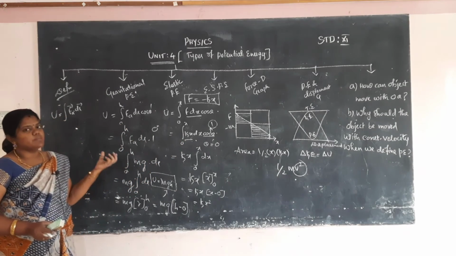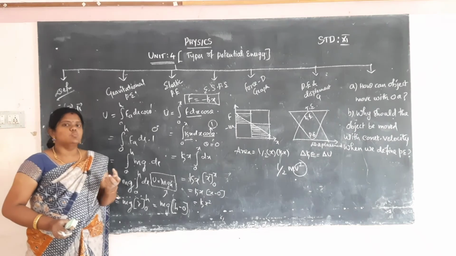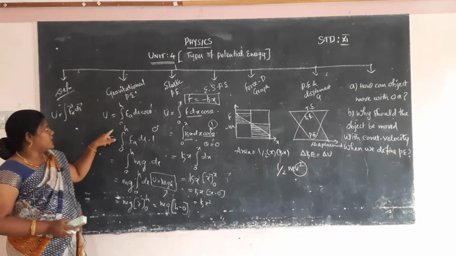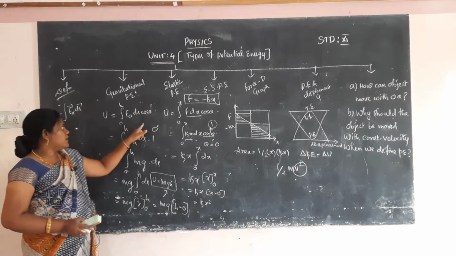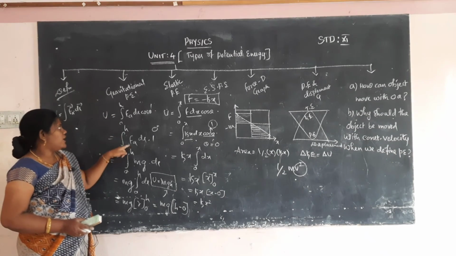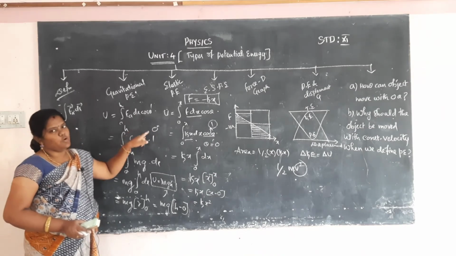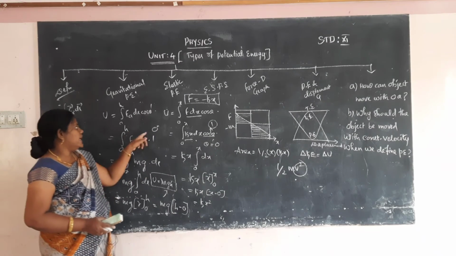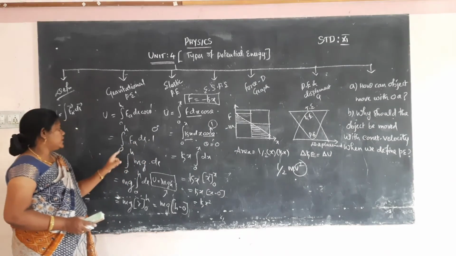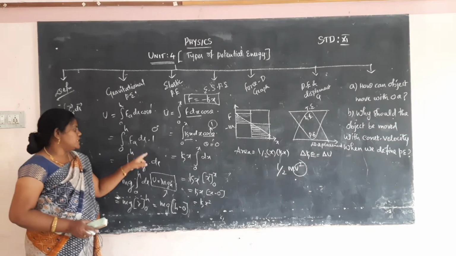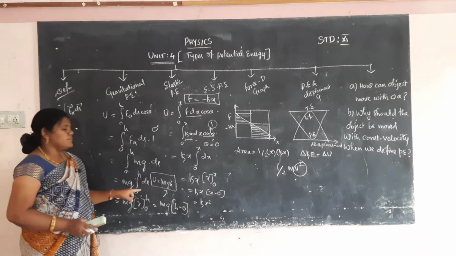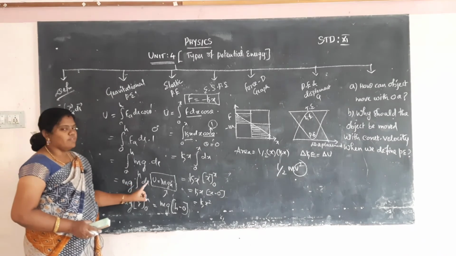Gravitational potential energy means the work done to move an object upwards against the gravitational force. So the limits are 0 to h, integral of F_A dr, and the angle theta is 0 because the force and displacement are parallel, so cos 0 is 1. F is mg, so mg goes outside the integral, and the integral of dr from 0 to h is r.